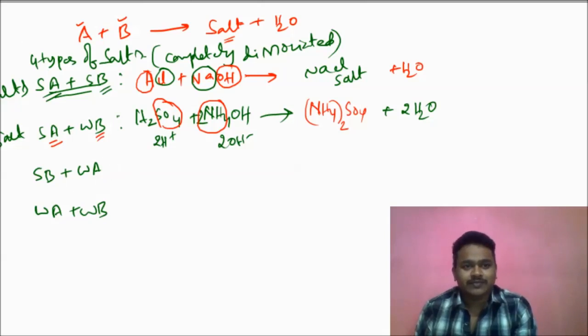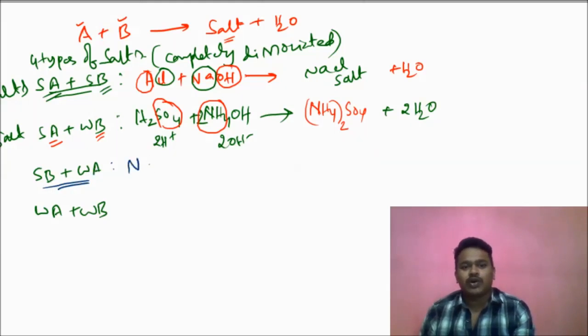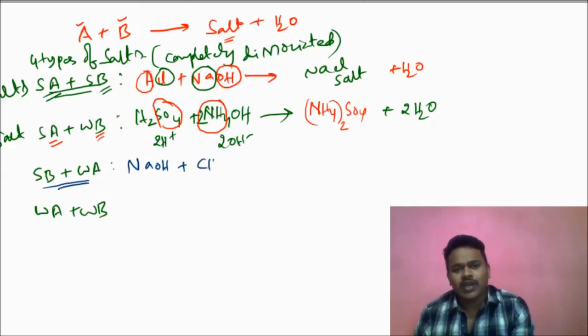Next, I need a salt of strong base and weak acid. We know the strong base is NaOH. We know any weak acid, CH3COOH. Here the base is giving OH minus and the acid is giving H plus.